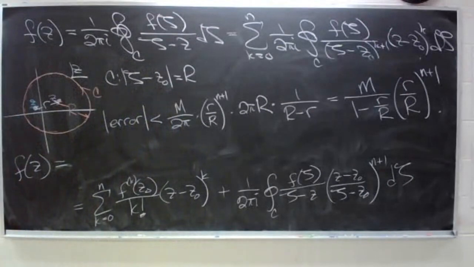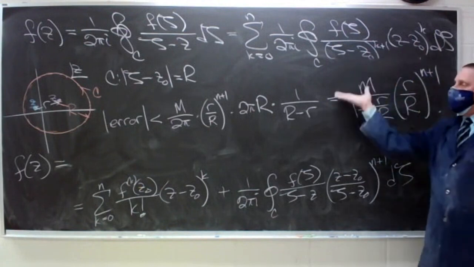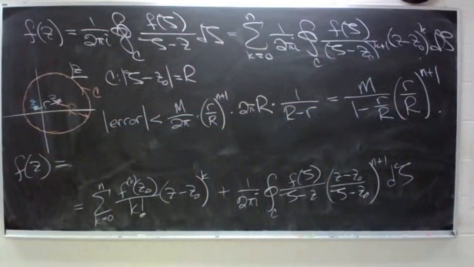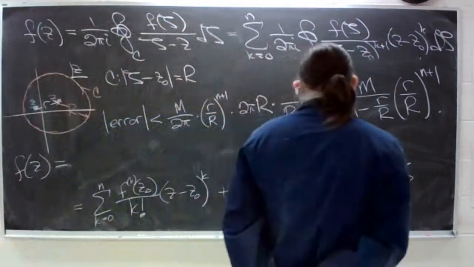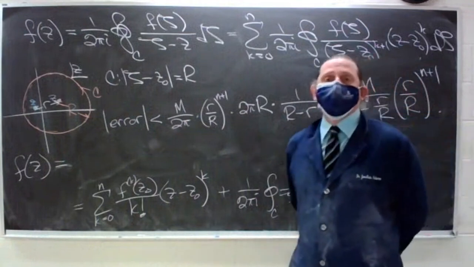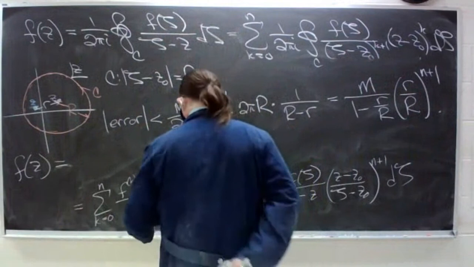Now, since lowercase r divided by capital R is strictly less than 1, taking this to a large enough power will cause this contribution to become as small as we like. So for that reason, the error tends to 0 as n tends to infinity.